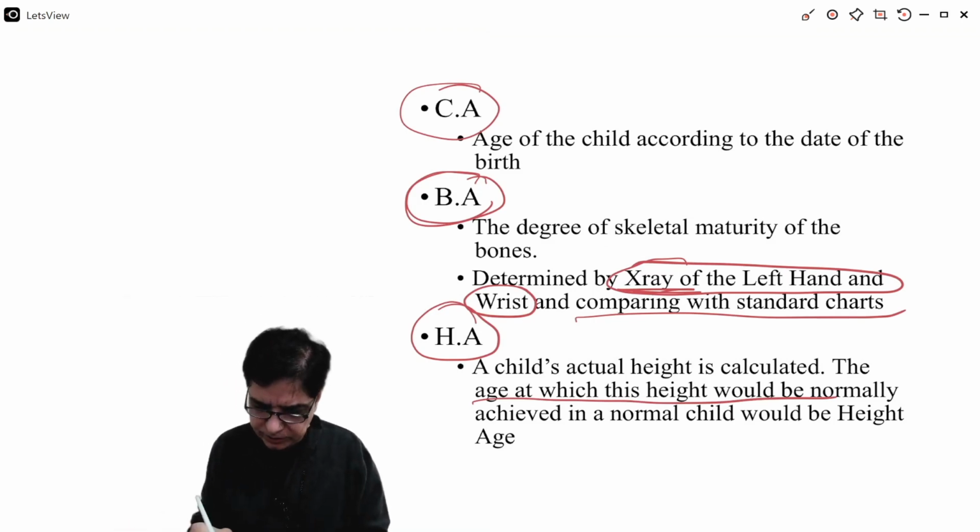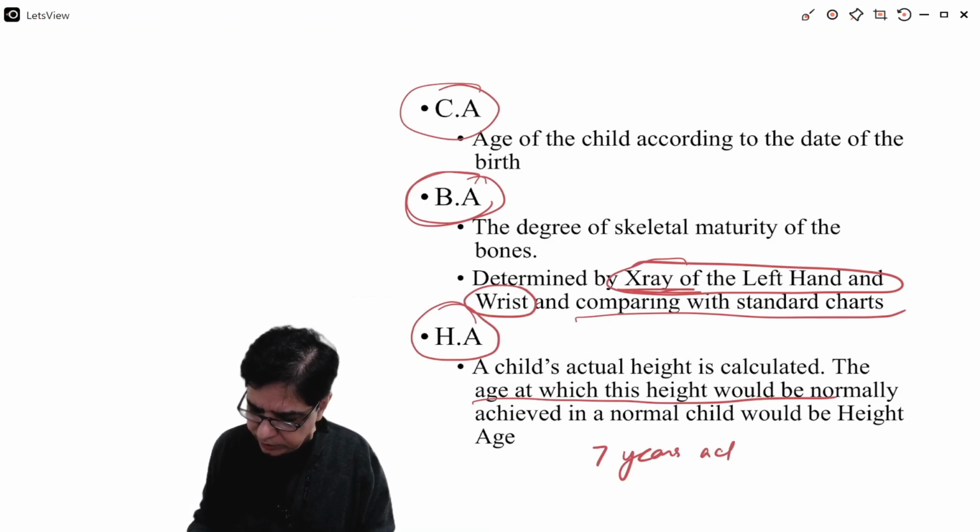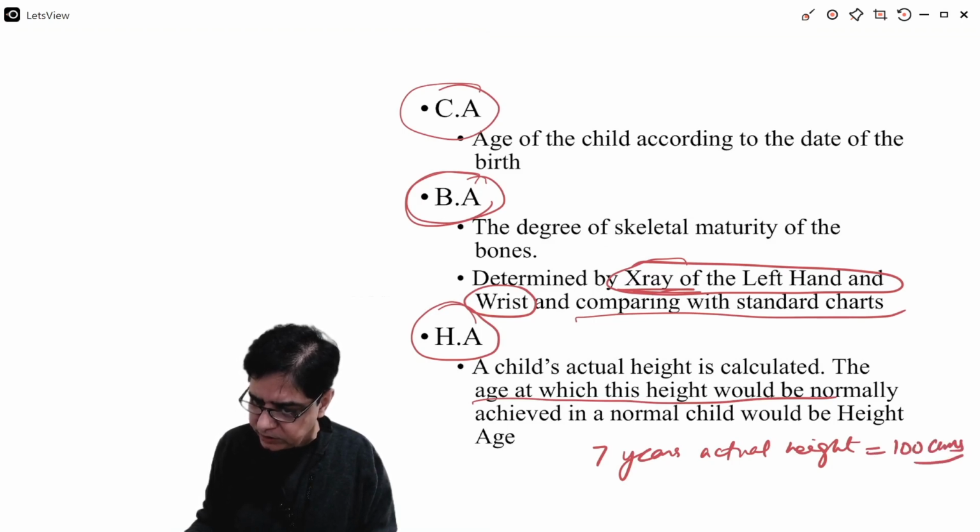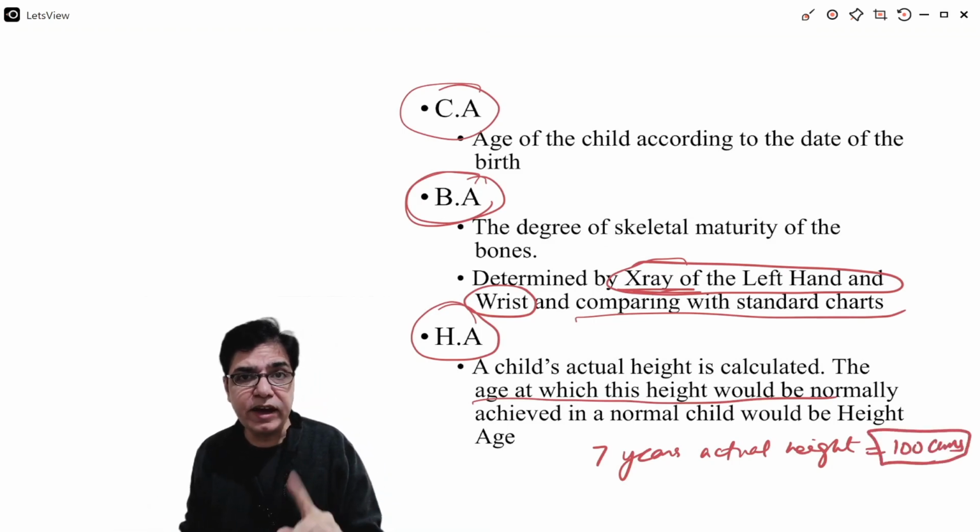So this child is 7 years old, and his actual height, which you have measured, is 100 centimeters. This is not the height age, this is the actual height.